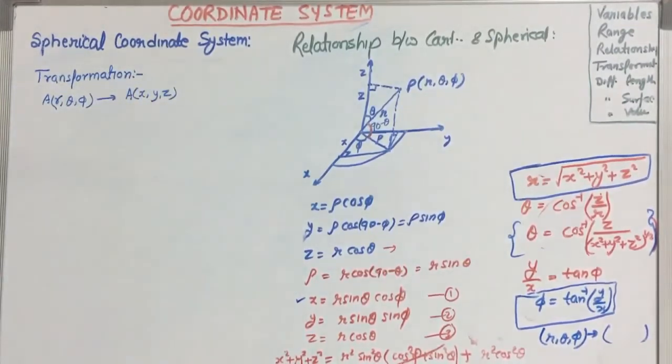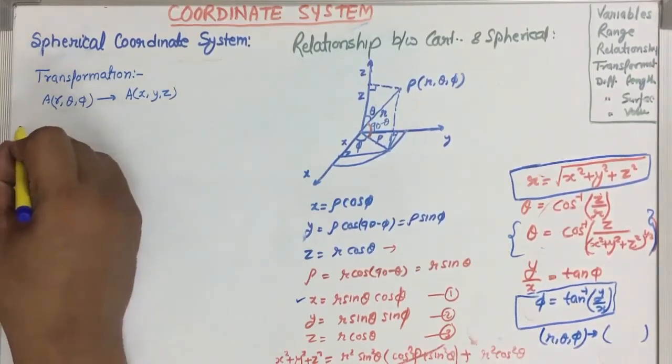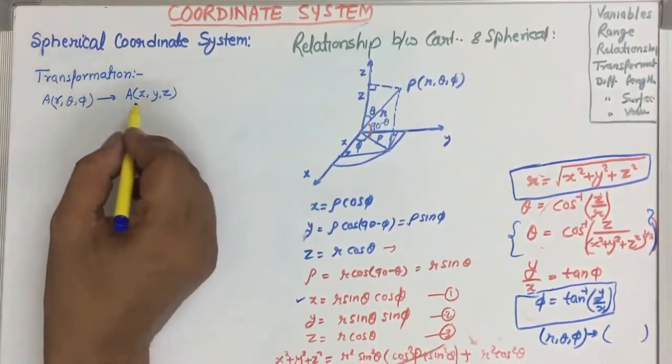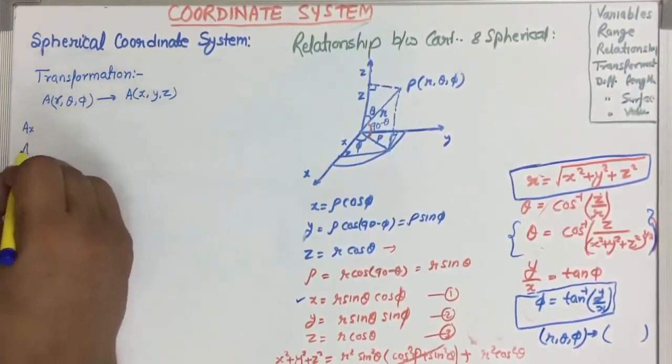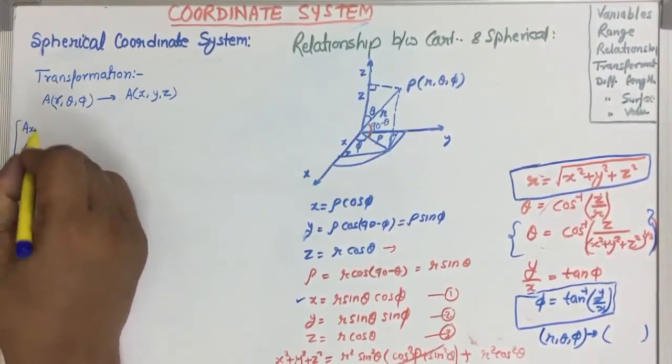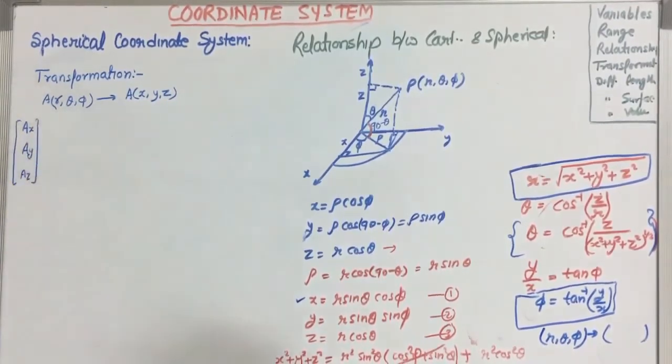If we are interested to transform this, in that case there is one simple trick, that is not the rule but only a trick to find that. So this will be our transformed output, it will be A x, A y, A z like that.